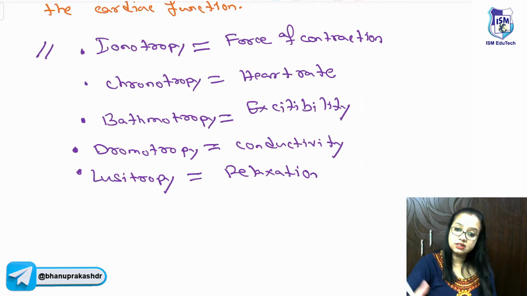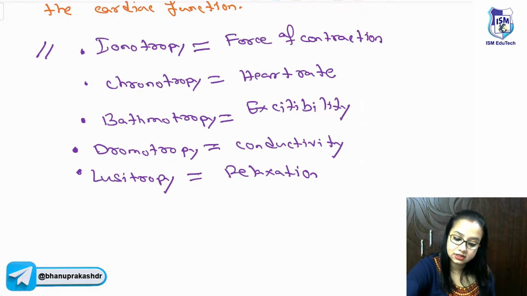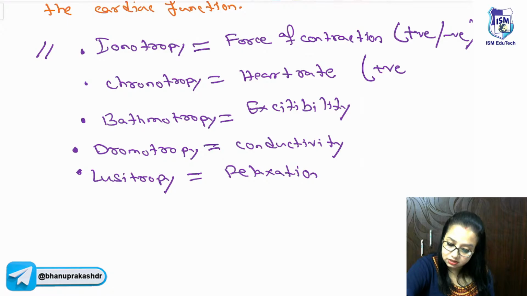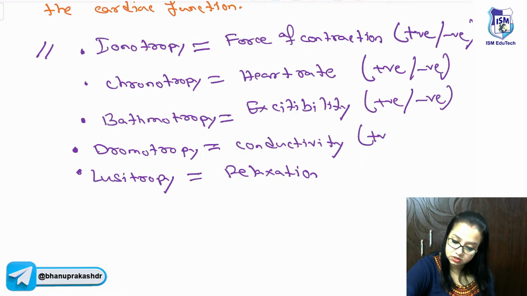So, when there is an increase in the force of contraction, when the sympathetic innervation is stimulated, it is called positive inotropy, and the opposite is negative. Similarly, when the heart rate is increased, we call it positive chronotropy and negative chronotropy. Force of contraction, positive inotropy, decrease negative inotropy. Same: positive bathmotropy, negative bathmotropy. Positive dromotropy, negative dromotropy.